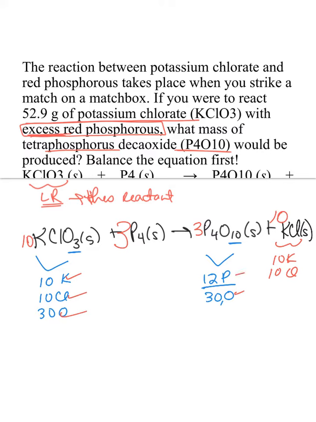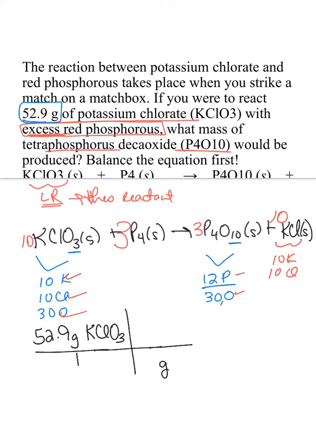And now we can start with our given, which is the number with the unit. It's the only one in the problem. And we're going to start with that over 1. 52.9 grams of potassium chlorate, KClO3 over 1. And then we got to go to moles. So we're going to go from grams of potassium chlorate to 1 mole of potassium chlorate.